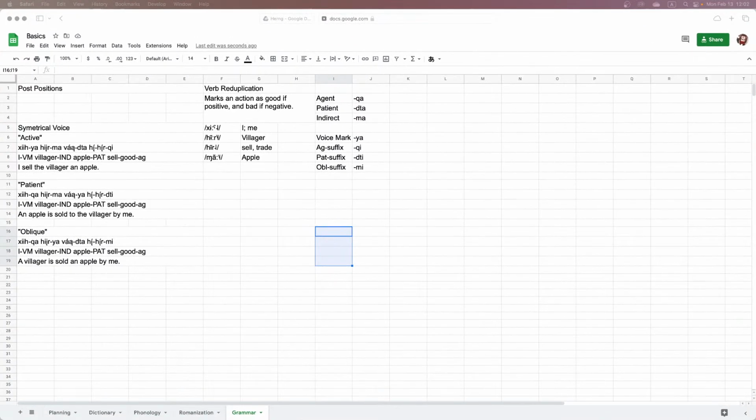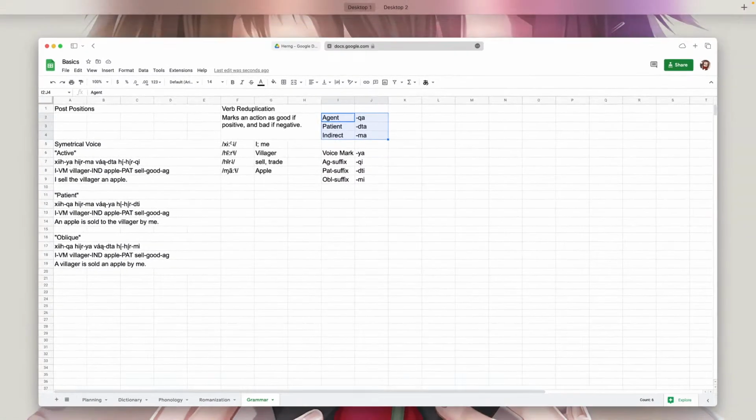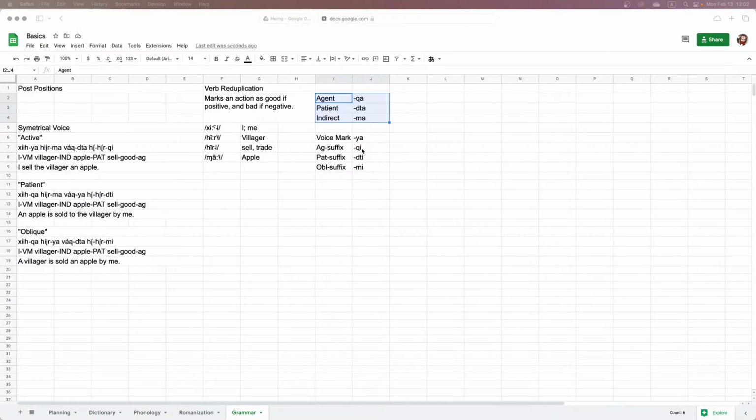We have the agent marker, the patient marker, and the indirect marker. And then when they're attached to the verb to mark the grammatical subject of the sentence, they change from an ah to an e sound, and the marker is replaced by ya in order to mark the grammatical subject.